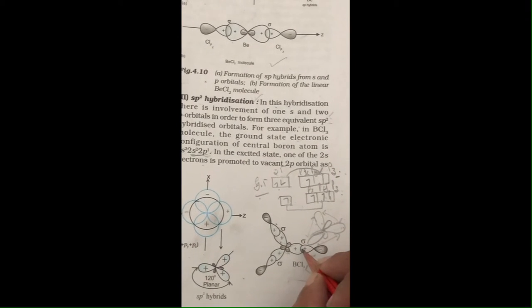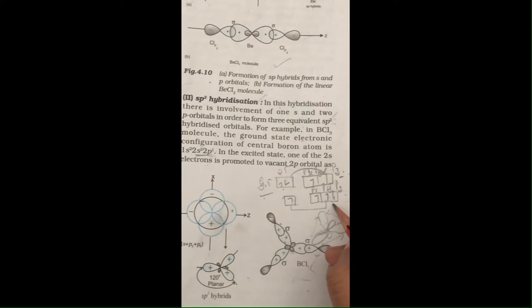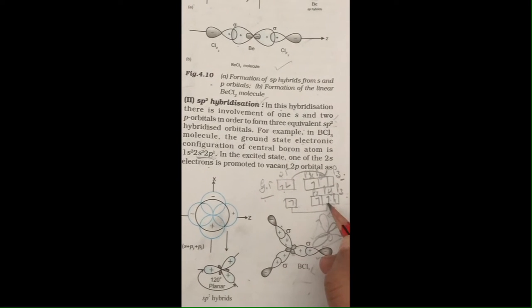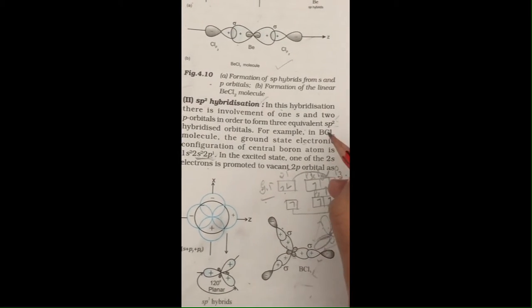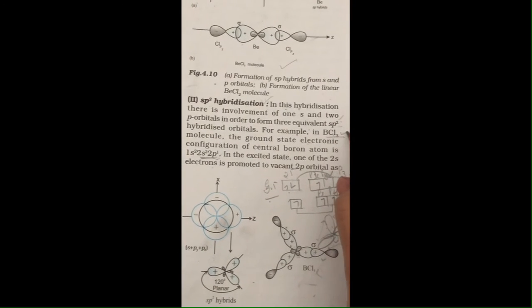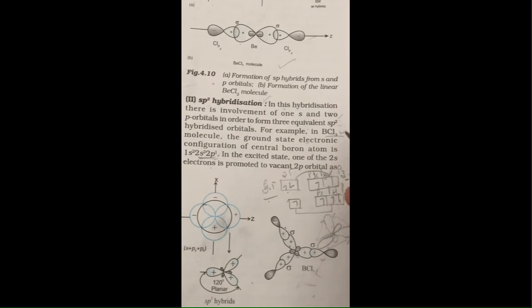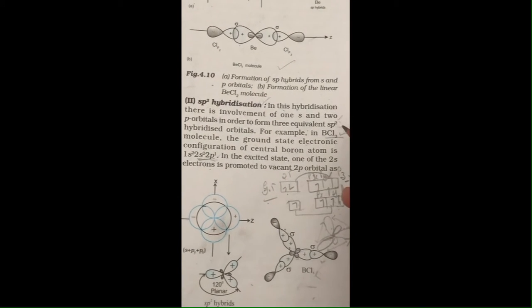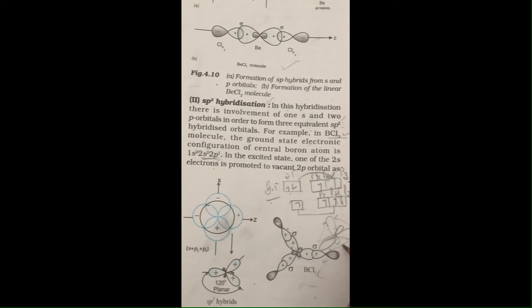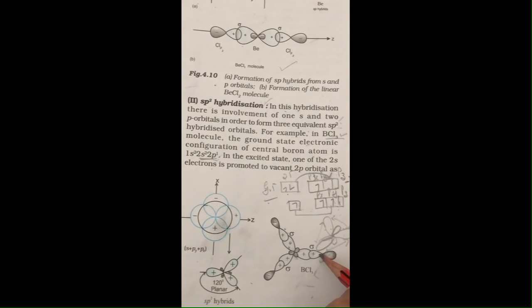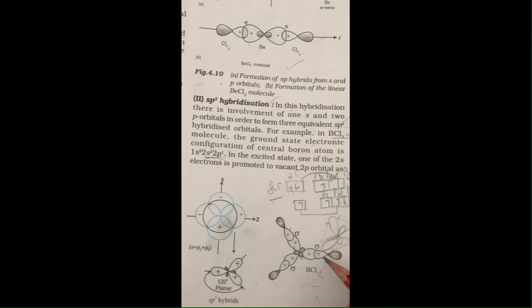Clear? Now after intermixing and the formation of the hybrid orbitals, in the case of BCl3 molecule there are 3 ligands, that are chlorine atoms, and each chlorine atom will have its empty p orbital that will overlap with the sp2 hybrid orbital of the central boron atom.